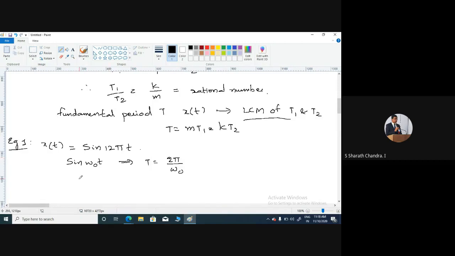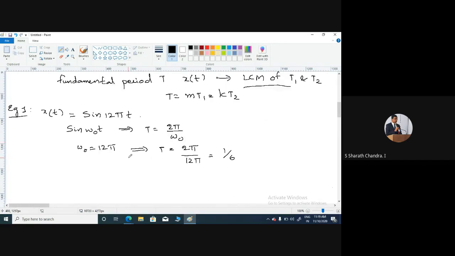Comparing x of t is equal to sine 12 pi t with sine omega naught t, I observe that omega naught here is equal to 12 pi, and therefore by substituting in T is equal to 2 pi by omega naught, I get T is equal to 2 pi by 12 pi, which is equal to 1 by 6. Therefore, since here capital T is a ratio of two integers, x of t is periodic with a fundamental period of capital T equal to 1 by 6 seconds.